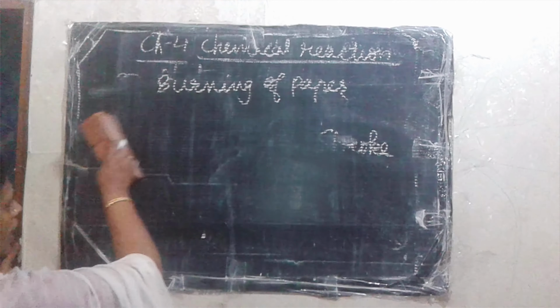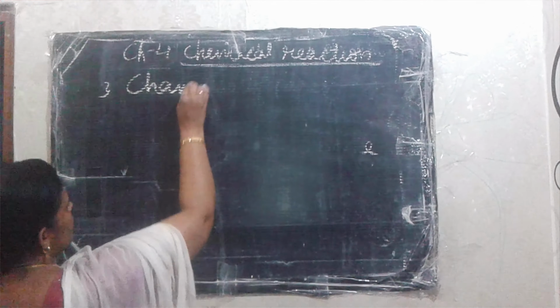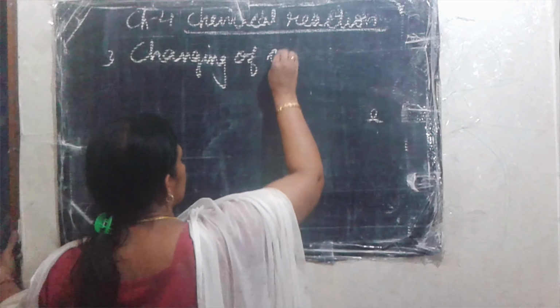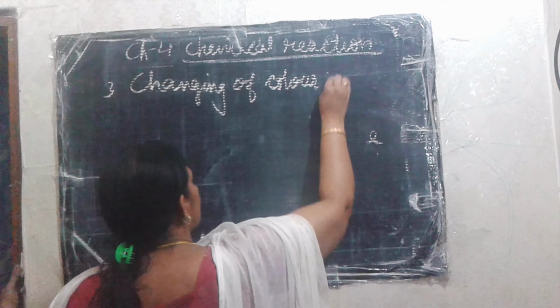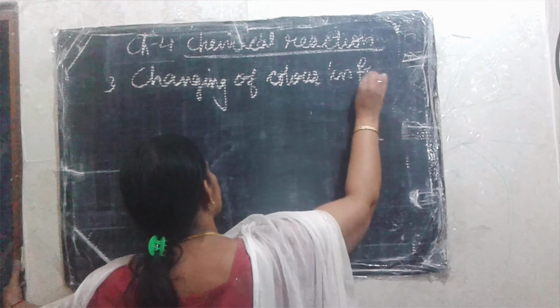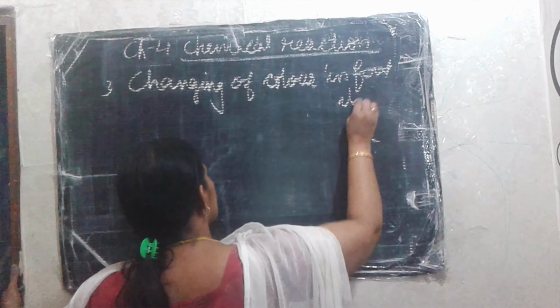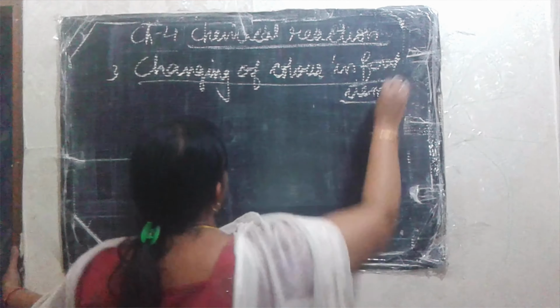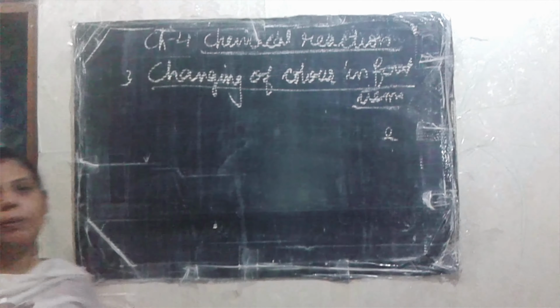Now one more chemical reaction, that is discoloration. That means changing of color in food items. For example, apple.